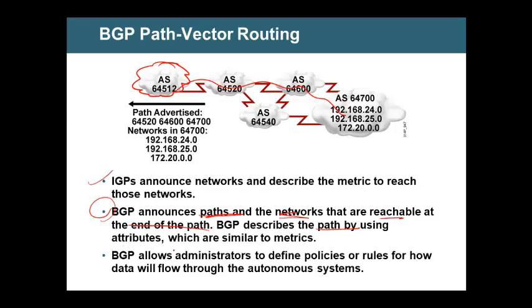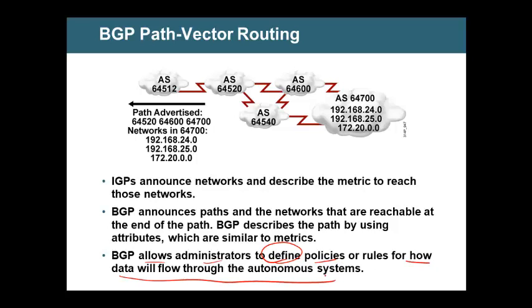Now, what is the specialty of this BGP? BGP allows the administrator to define the policies for how the data will flow through the autonomous system. That's what I was telling you earlier. The other protocols don't have the flexibility in applying the policy.